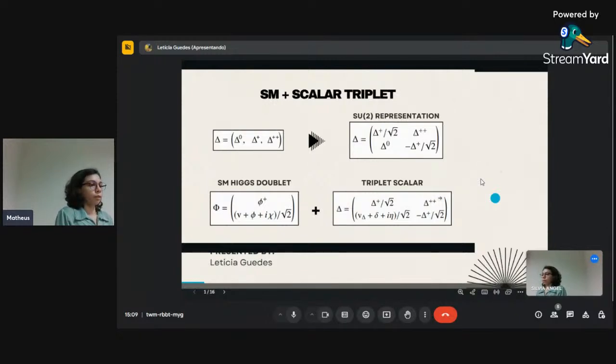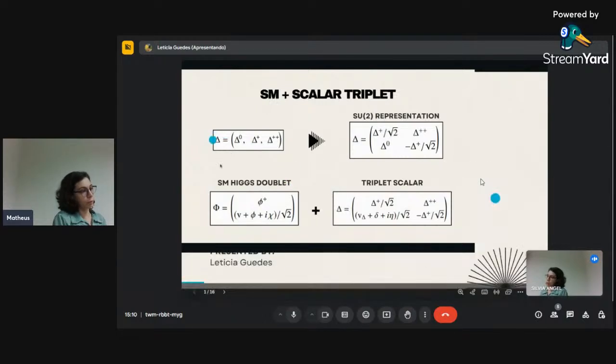So to introduce the type 2 Seesaw, you put a scalar triplet plus the Higgs doublet. So it'll be like a Higgs kind of triplet. And you can do a similar representation to what you do in the Higgs.